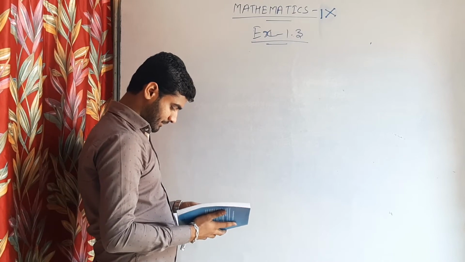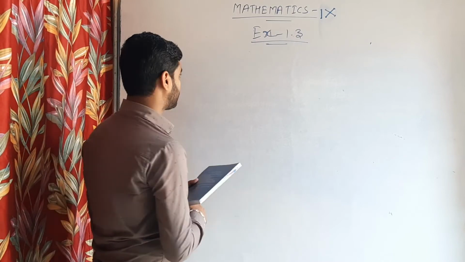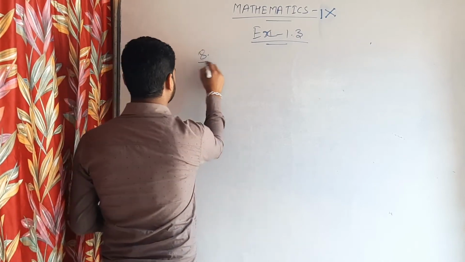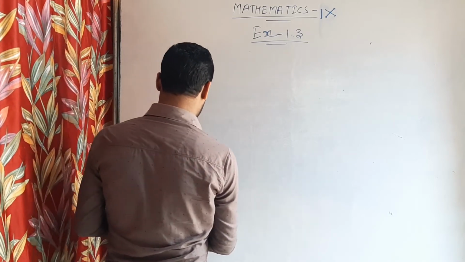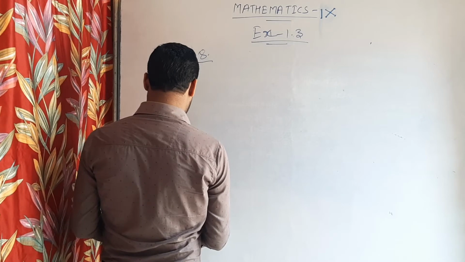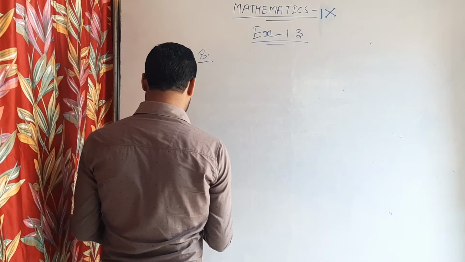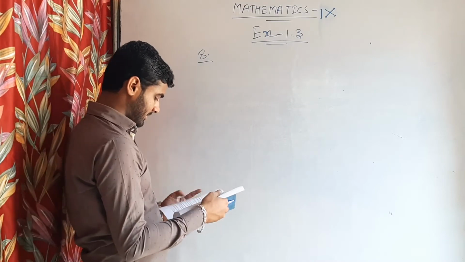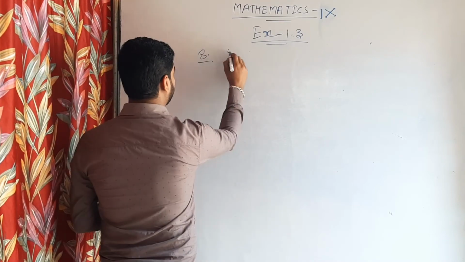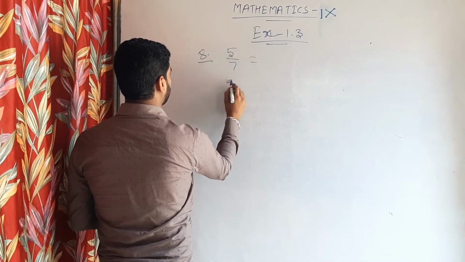Now question number 8. Write three different irrational numbers between the rational numbers 5 by 7 and 9 by 11.